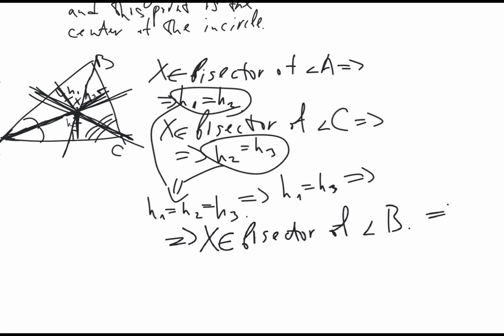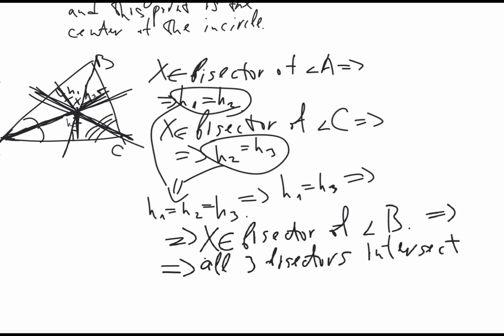Therefore X belongs to all three bisectors, so all three bisectors intersect at a single point.